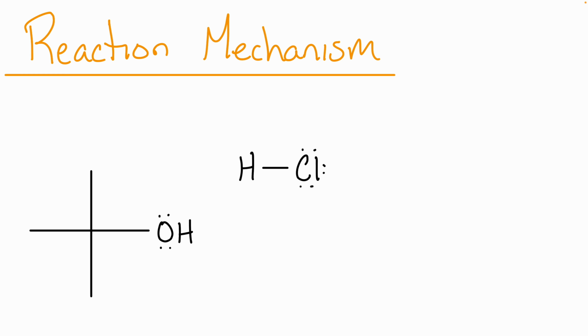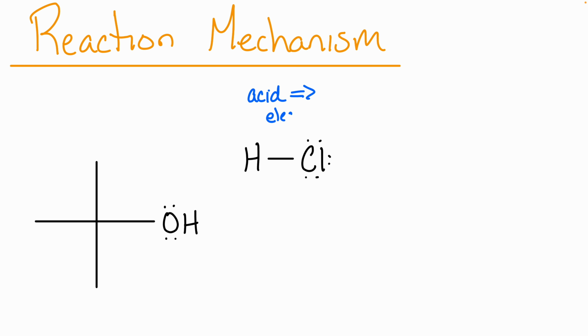All right, hydrochloric acid, as the name implies, is an acid. And an acid, by definition, in order to be a proton donor, you need to be able to accept pairs of electrons. So by definition, acids are electrophiles.